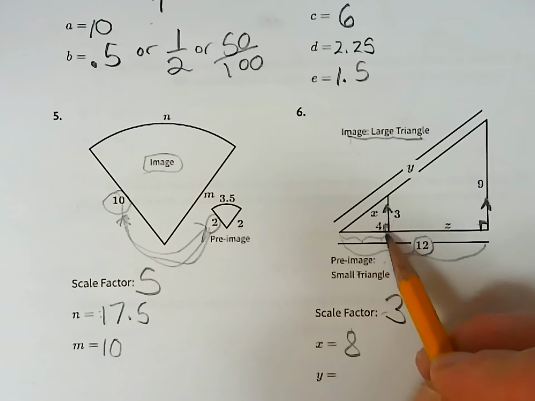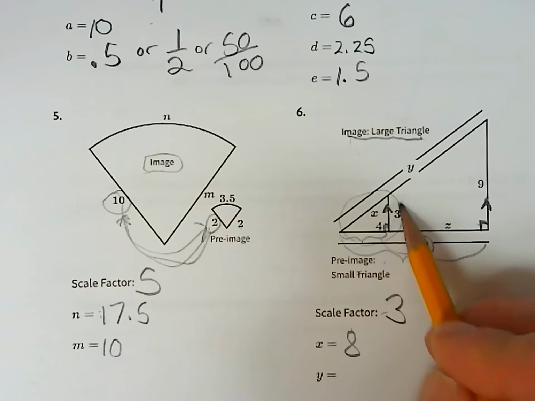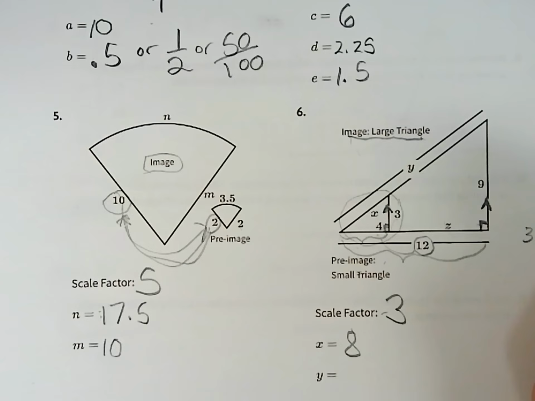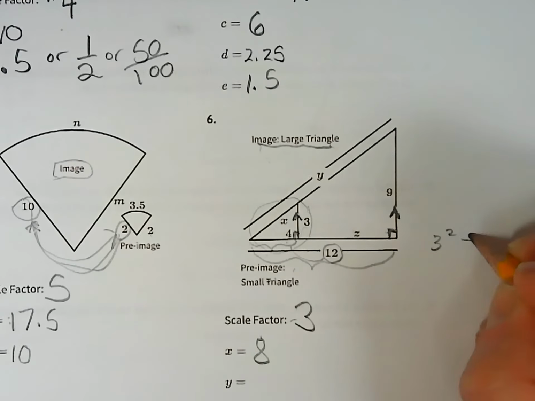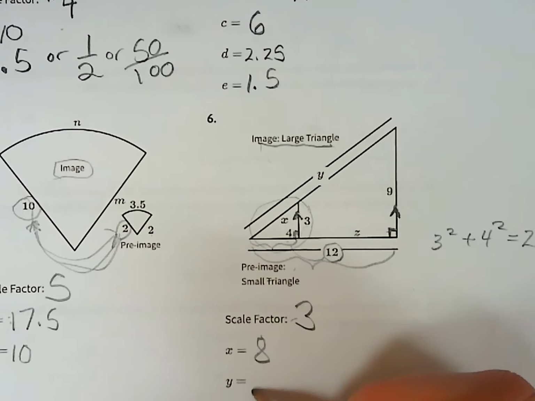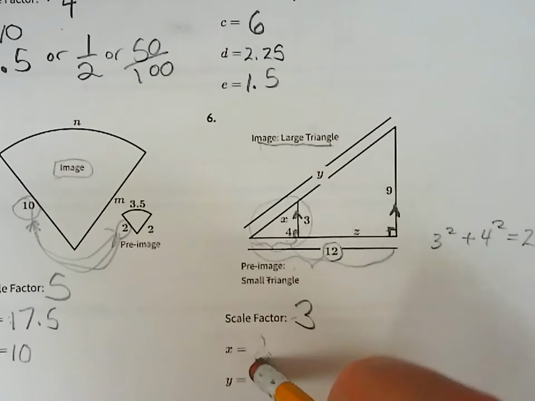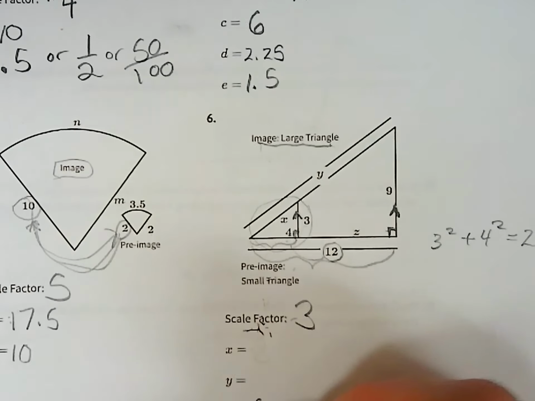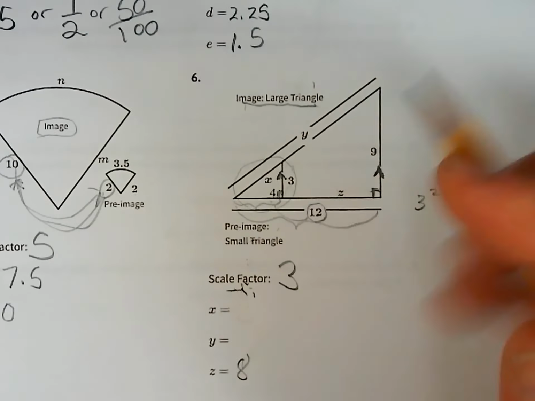We are experts now. This little guy, though, is a famous triangle, 3, 4, 5. 3 squared plus 4 squared equals 25. Square root of 25 is 5. So x is 5. Why did no one correct me when I put that in the wrong spot earlier?